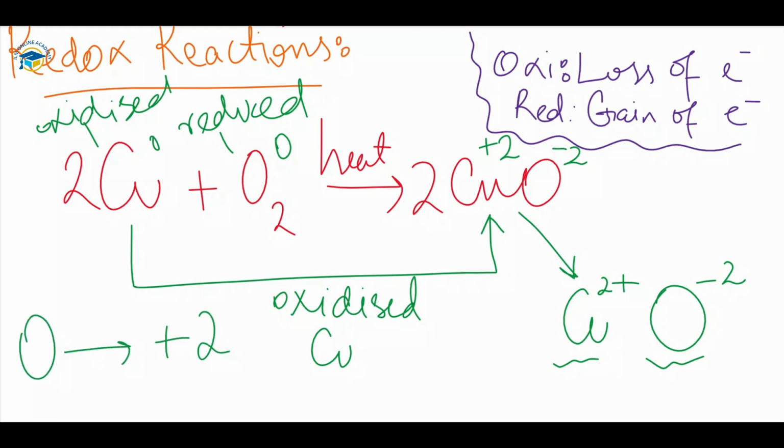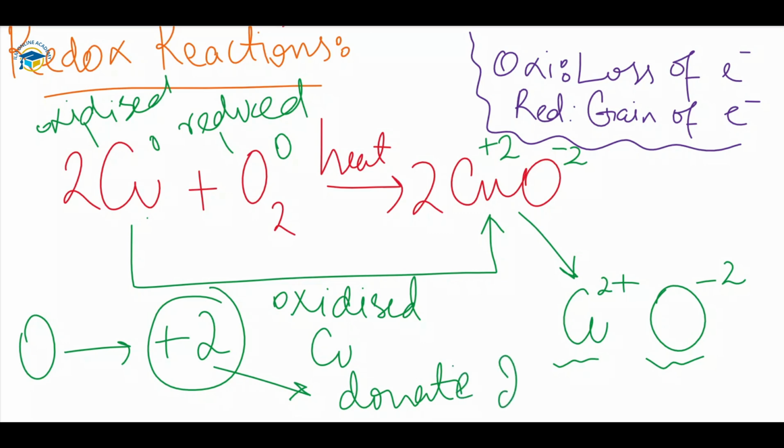So now you can see here copper is losing electrons. Here the copper atom is converted into copper oxide, and copper is losing electrons because the positive 2 means that copper has donated 2 electrons.